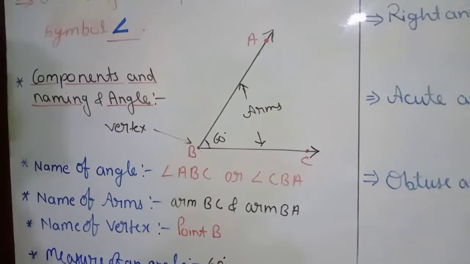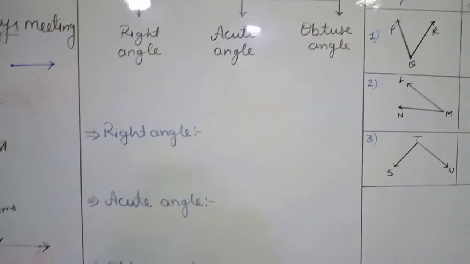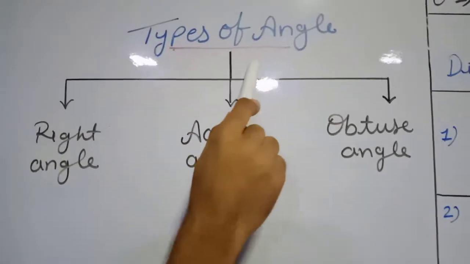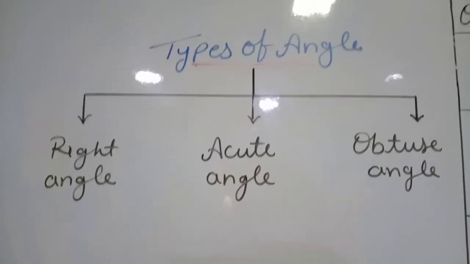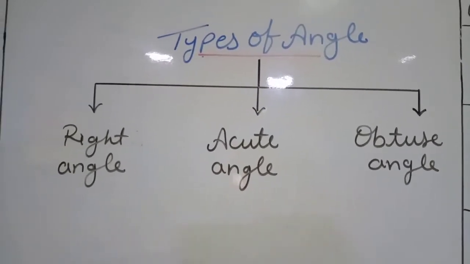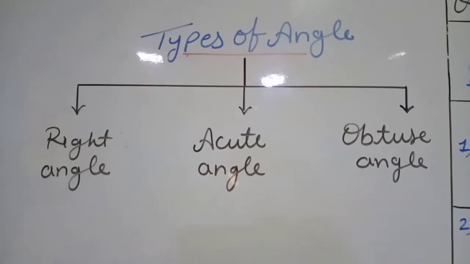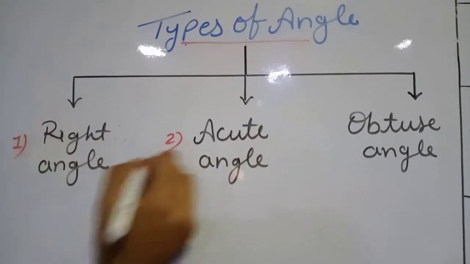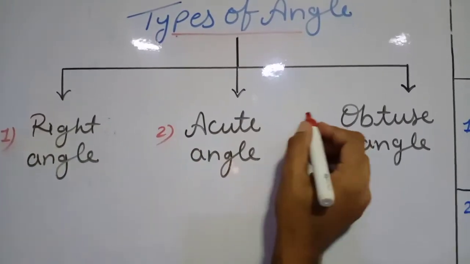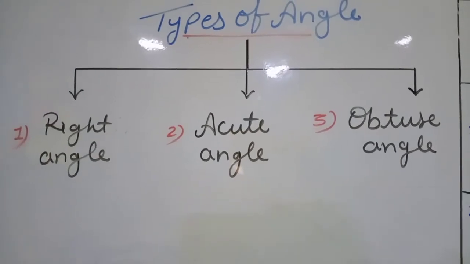Now move ahead. Here we have types of angles. We have many more than these three types of angle, but in our syllabus we have three main types of angle. The first one is right angle, the second one is acute angle, the third one is obtuse angle.